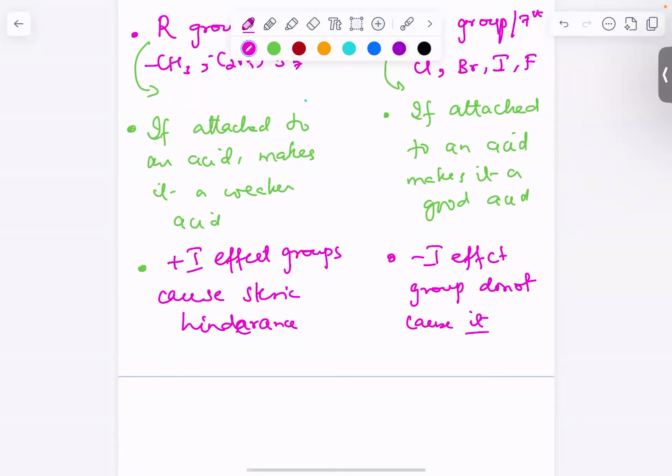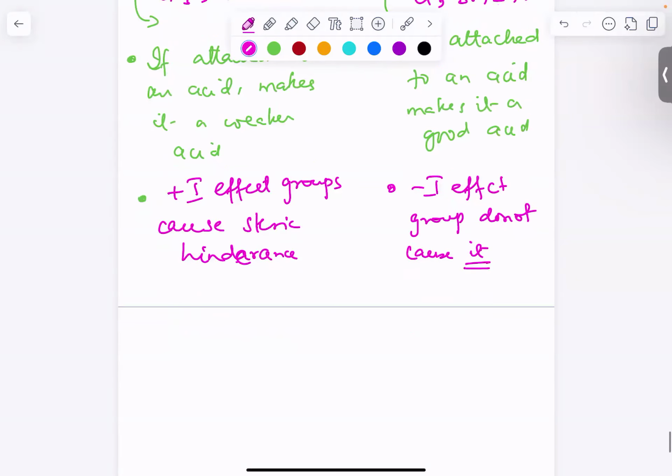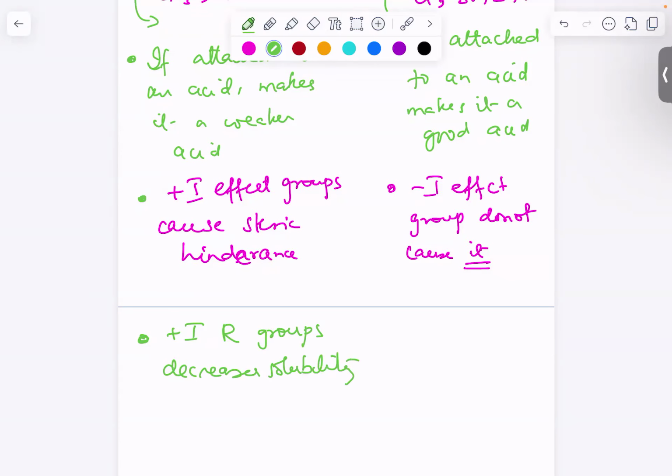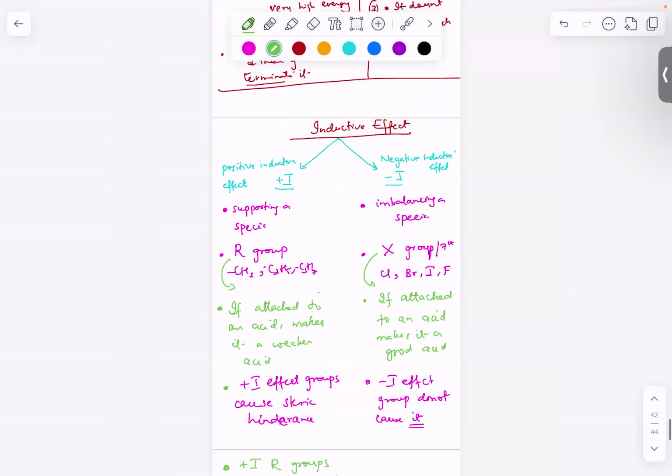Cause what? Cause steric hindrance. Now, the last point: positive inductive effect, that means R groups, decreases solubility. Now, is it clear? If you want to read them, you can.